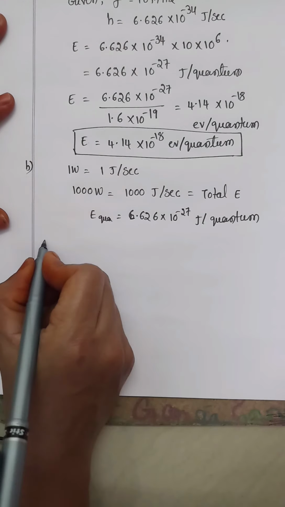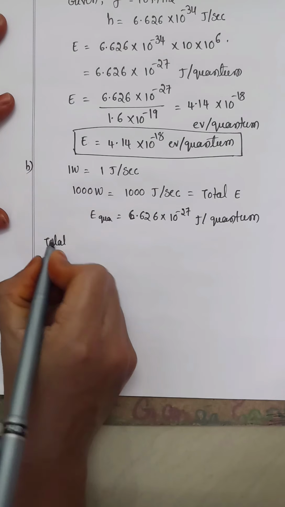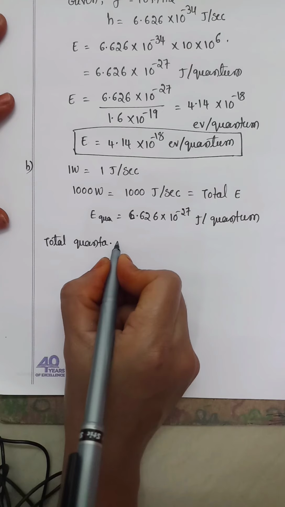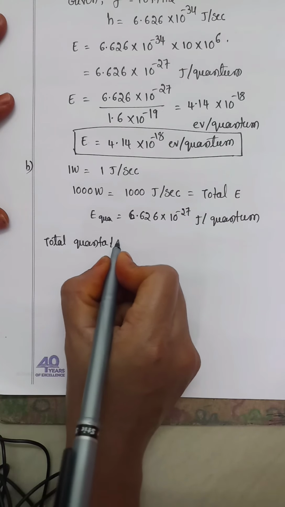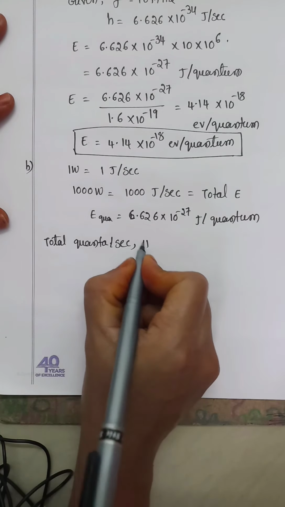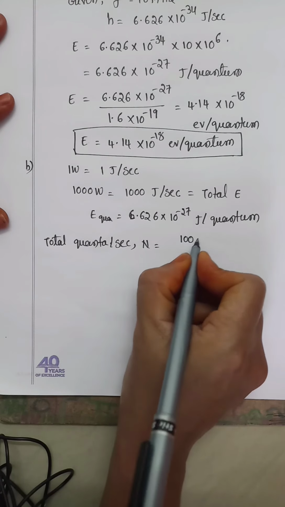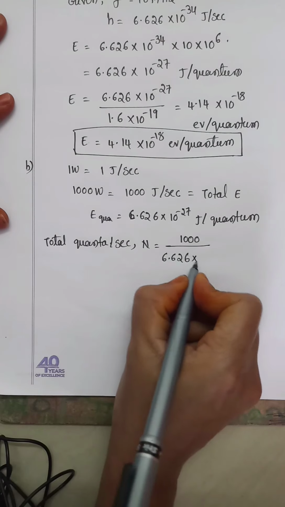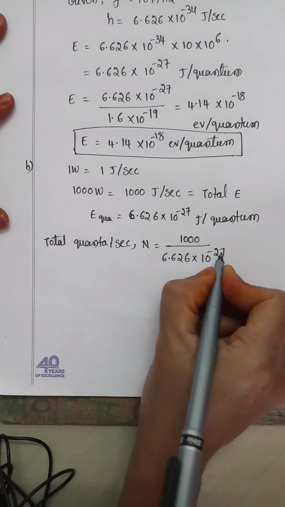So the total number of quanta per second, n, is equal to 1000 divided by 6.626 into 10 to the power of minus 27.